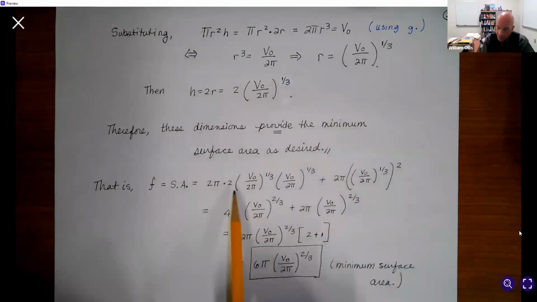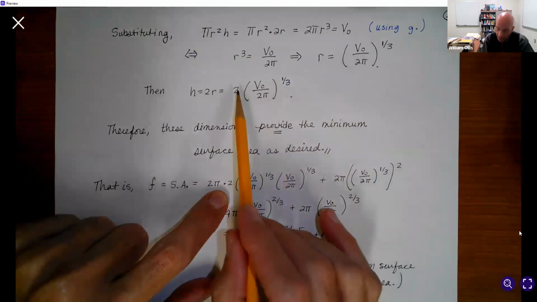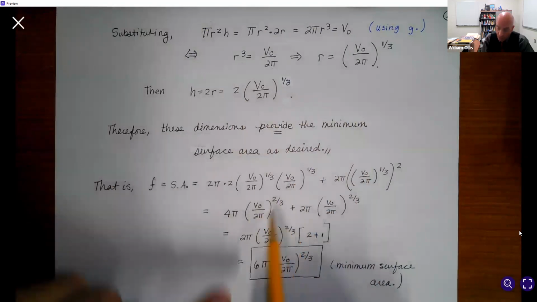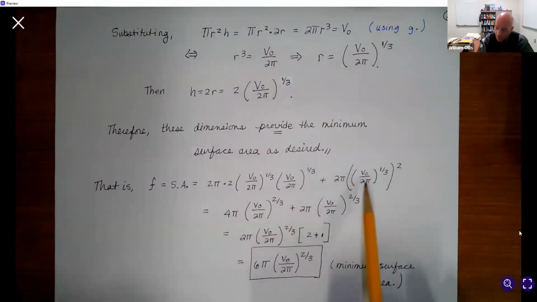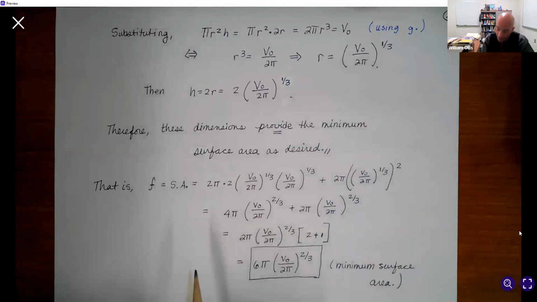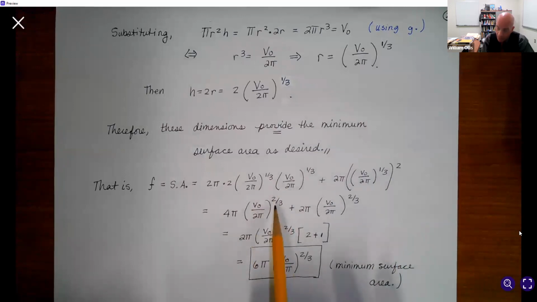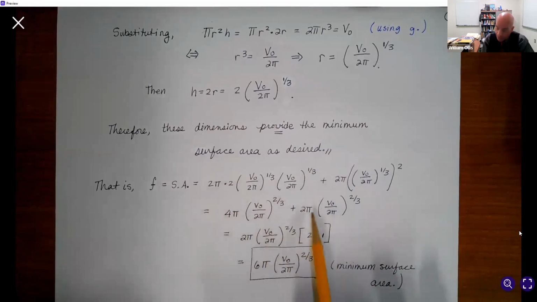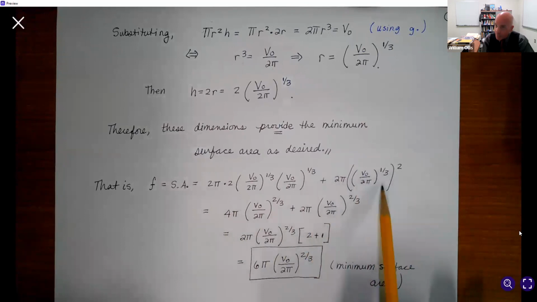So in the first case, the 2, of course, comes from here, the H, and we, of course, have the cube root expression for both R and H. And then, of course, in the top and bottom, we're just squaring the R, so we square the cubic term here. But now, of course, again, we just have the square of this, so we have V sub 0 divided by 2 pi to the 2/3 power, and then, of course, a 4 pi factor, and then, of course, we have 2 pi times the same thing.